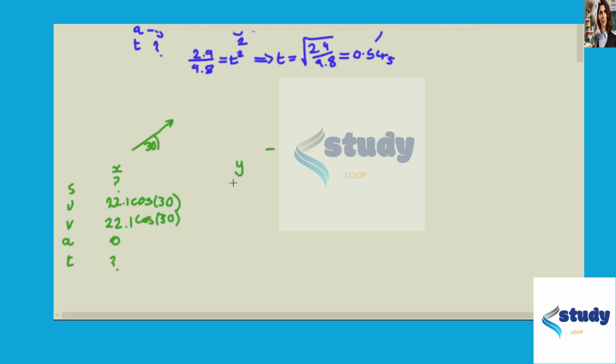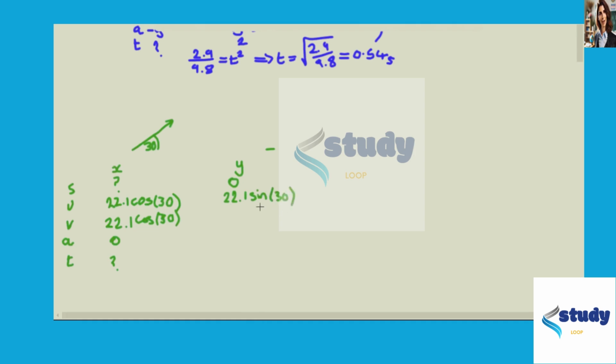So the distance we go in y, well, if we are firing from 1.45 meters up and it is descending back to that height, we have a displacement of 0. So it's either gone no distance or a full distance. Next, our initial velocity is of course 22.1 sine of 30.